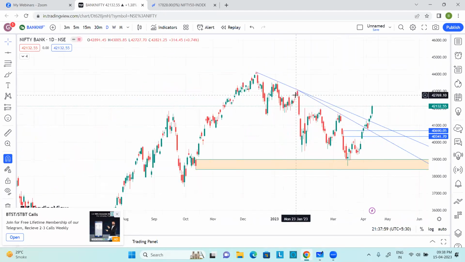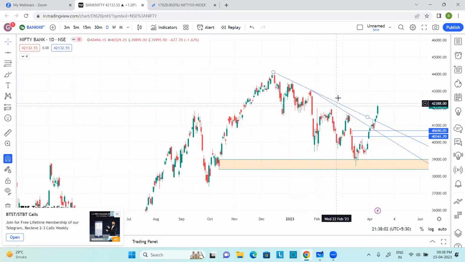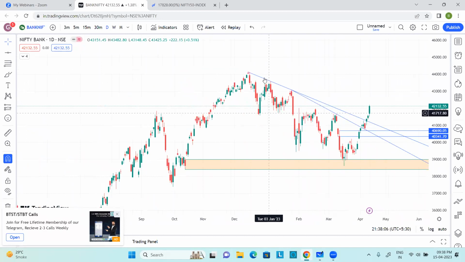So चलते चलते ऐसे बैंक निफ्टी का एनालिसिस कर लेते हैं नेक्स्ट वीक को. Okay. So we have drawn two trend lines, इधर से इधर और इधर से इधर. The recent two swing highs को importance दे दिया तो वो ब्रेकआउट हो गए हैं इधर. And this worked.